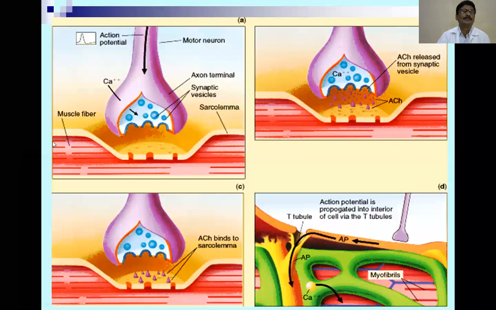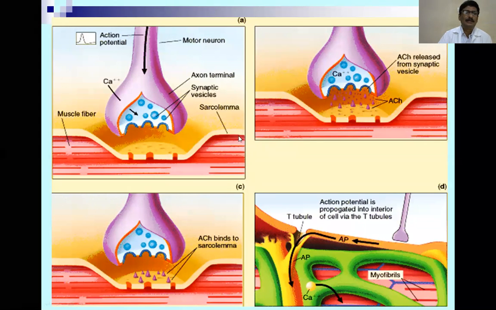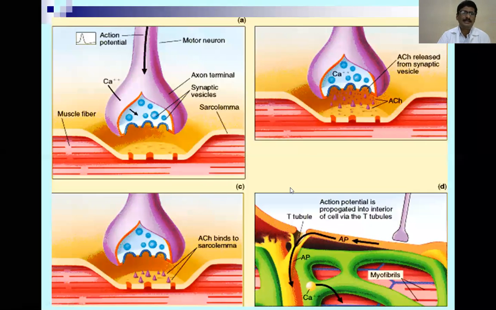So the action potential arrives, calcium influx, release of acetylcholine, and binding to the specific receptors, which leads to the development of initially EPP, then later action potential.